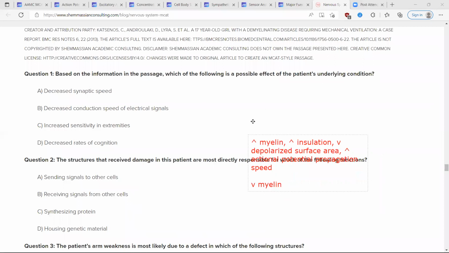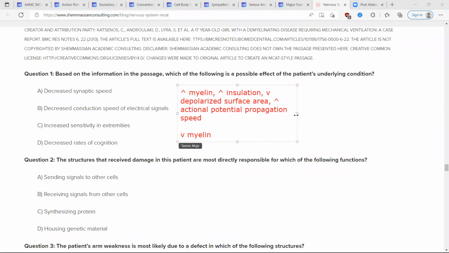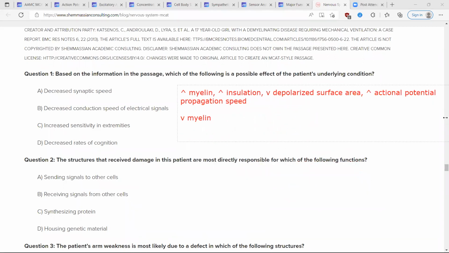So now we have the content part. Now we come to the reasoning part, right? The reasoning part is that this patient has decreased myelin. So we have to kind of link this, we have to flip this all up, right?